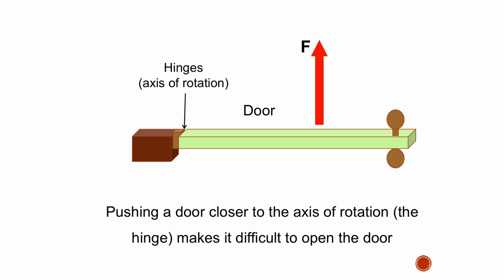Okay, so this example: pushing a door closer to the axis of rotation makes it difficult to open the door. I think you already learned this in SPM before. When you apply force quite close to the hinge, your force is going to be higher, because you decrease the distance.